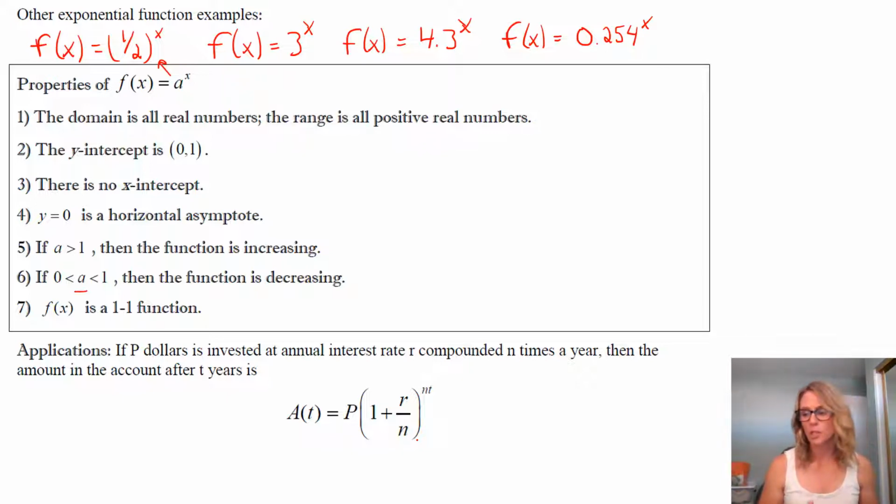In terms of applications, there are things that we do with exponential functions. Here's an example of a place that it's used, which is investing money and coming out with some amount of money later. So this is just a formula, take a look there.